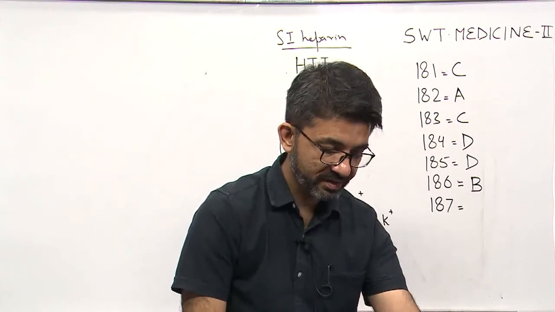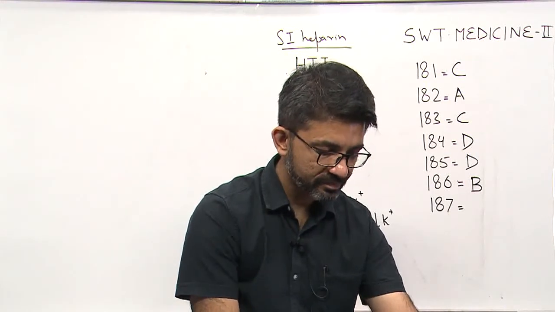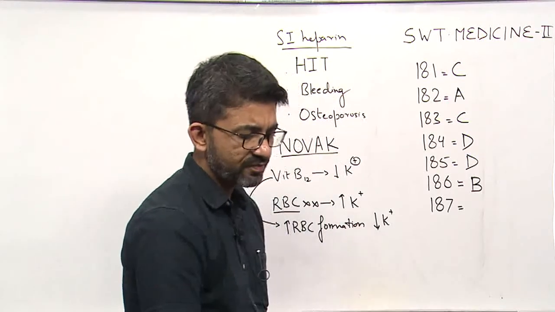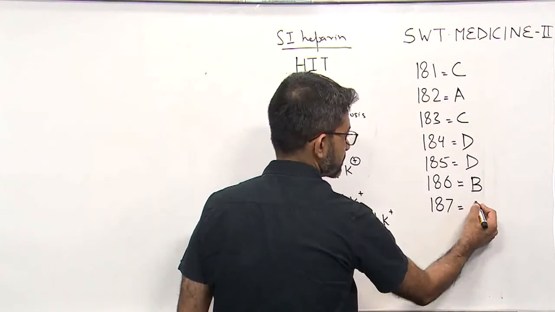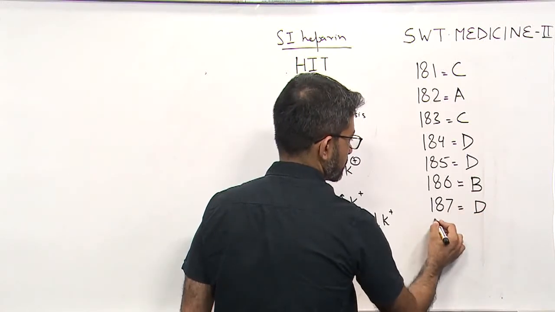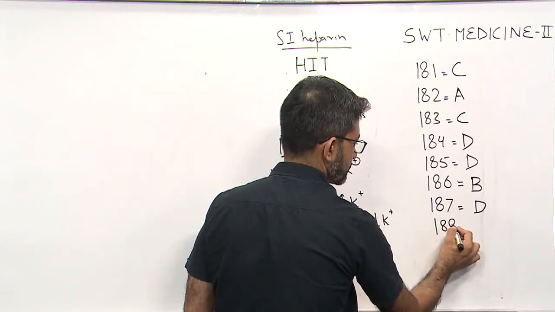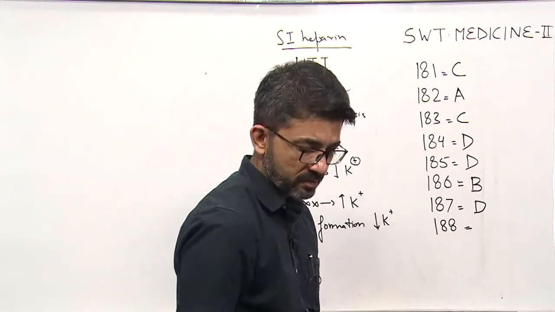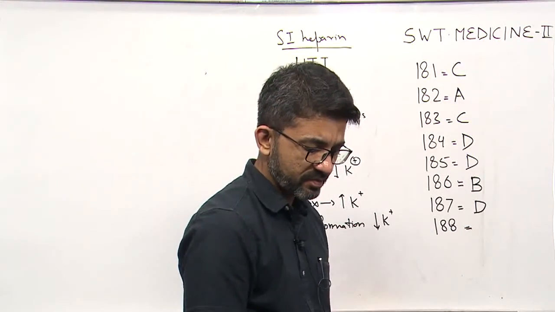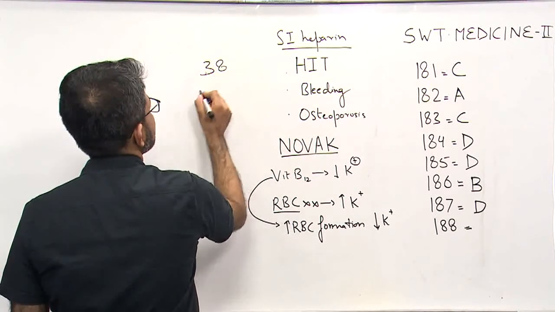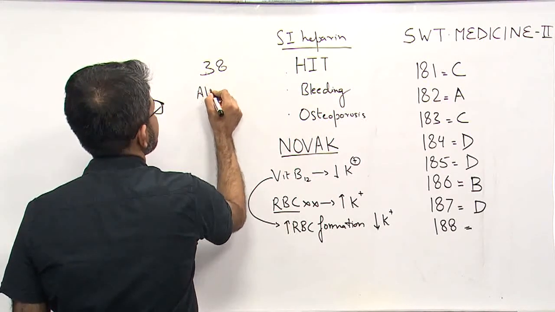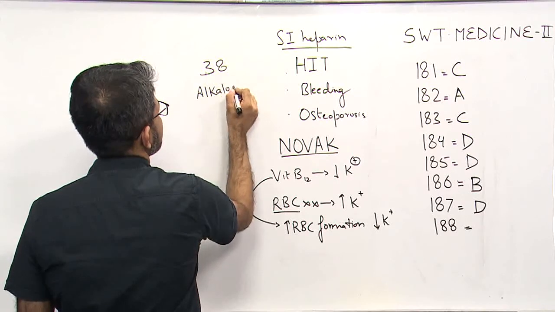Right. So, question number 187, cerebral salt wasting syndrome. So, answer is D. 188. See, the HCO3 is 38. So, it is alkalosis. Which alkalosis?